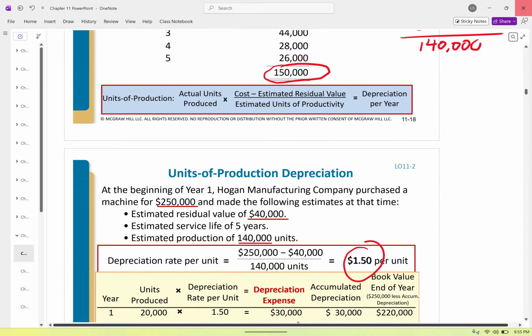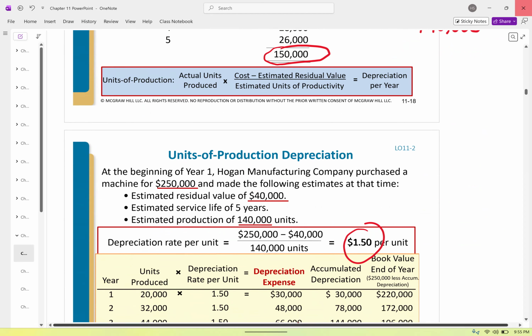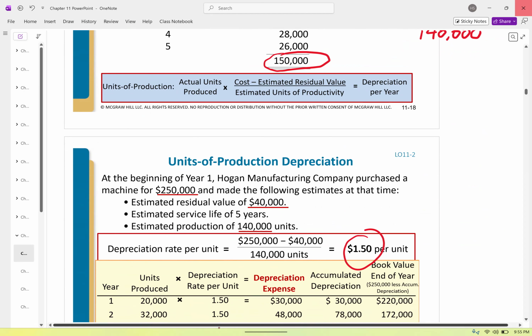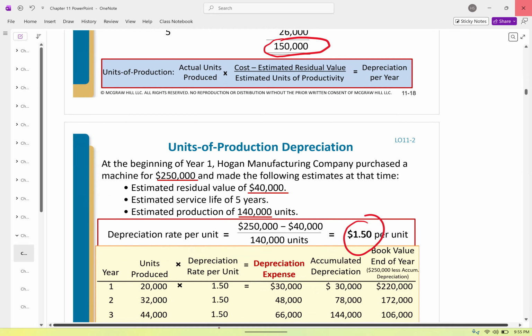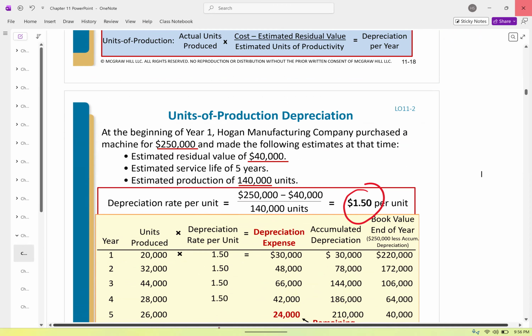Units of production really is a depreciation method that follows the actual usage of the asset. Year two, we have 32,000 units, multiplied times the same per unit rate, and we keep coming down here.